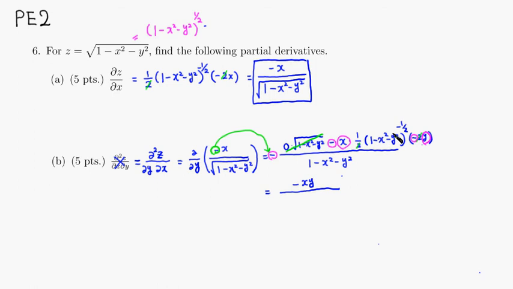This guy has a negative power, so I'm going to put it on the bottom. It's a 1/2 power plus the first power, so it's the quantity 1 minus x squared minus y squared raised to the 3/2 power. And that's the derivative.